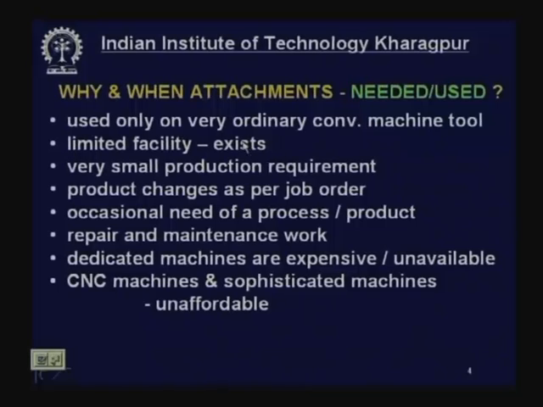Limited facility exists. If you have enormous facility to conduct all types of work on all types of machine tools, then you need not go for any attachment. If tapping is required, do it in a tapping machine. If you need copying, do it in a copying machine and so on. Only when facilities do not exist, you have only a few machines, but you have to do different types of work, then you have to take help of attachments. Very small production requirement.